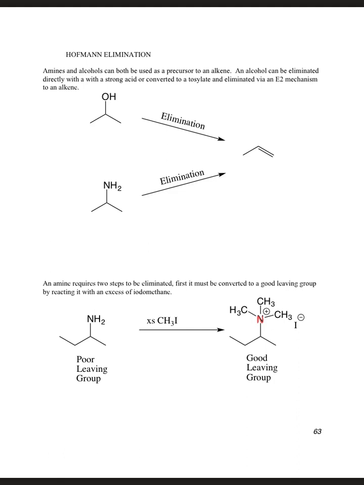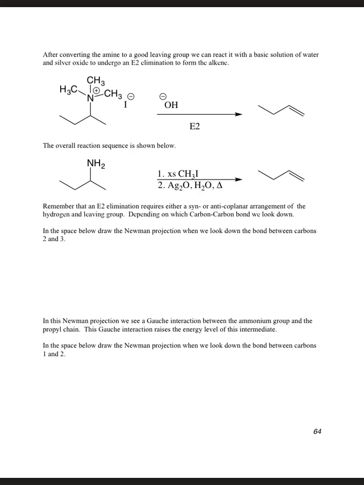In this example, we need to put 3 on it to go from the neutral primary amine to the quaternary ammonium salt, so we can eliminate it. Okay, and in the quaternary ammonium salt, the nitrogen has a positive charge, so when it leaves, it's going to leave as a neutral nitrogen, which is going to be a decent leaving group.